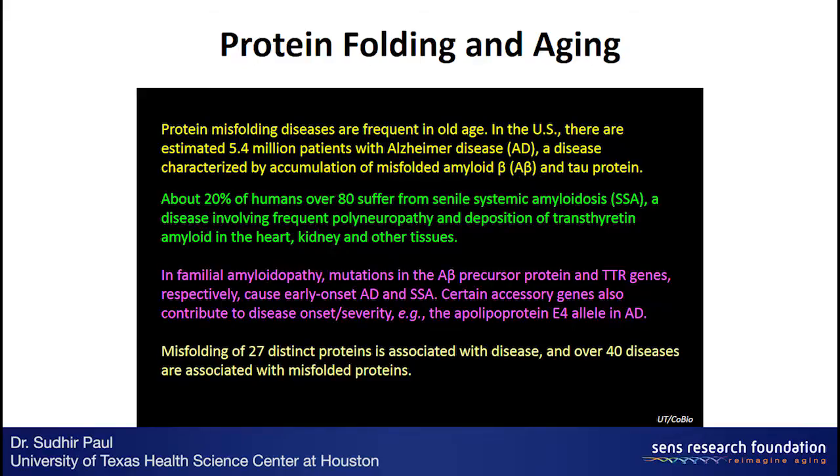And at this time, it is difficult to treat these diseases that are caused by the misfolding of proteins associated with aging. The best example of a disease that is caused by protein misfolding is Alzheimer's disease.